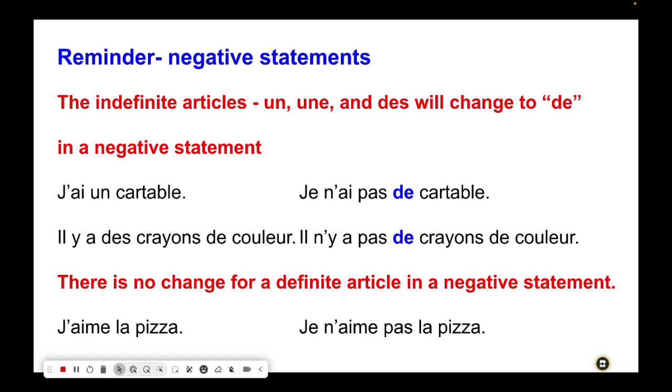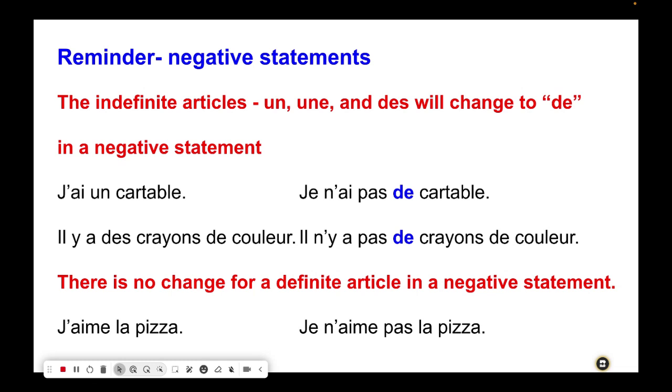So when it comes to the negative statement, it means when you say the opposite or not or do not. So how do you use it with the indefinite articles un, une, and des? So you're going to have to remember this. When you have an affirmative sentence, j'ai un cartable means I have a bag, and then you want to change it to I do not have a bag.